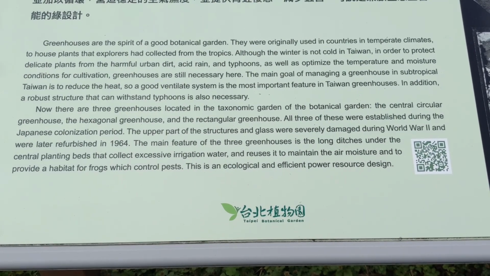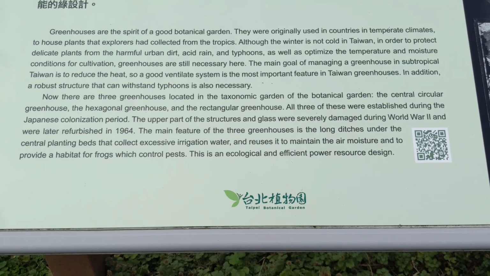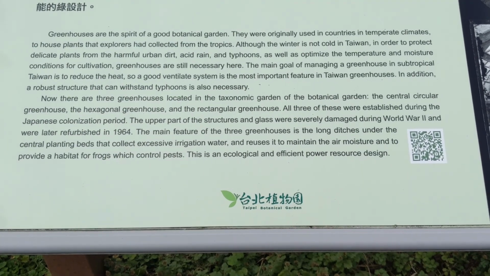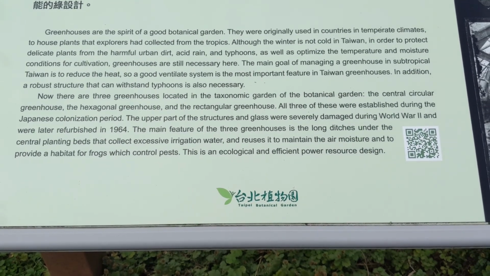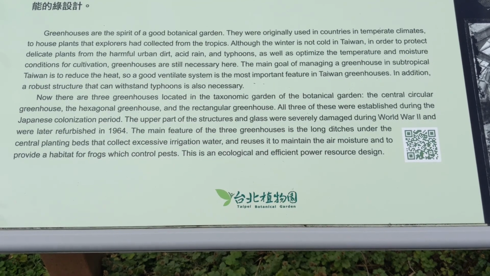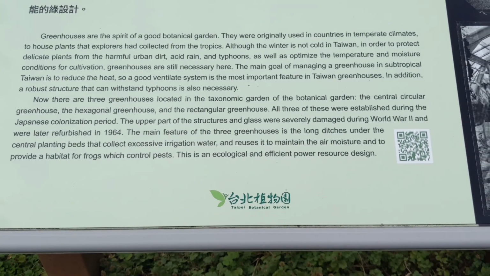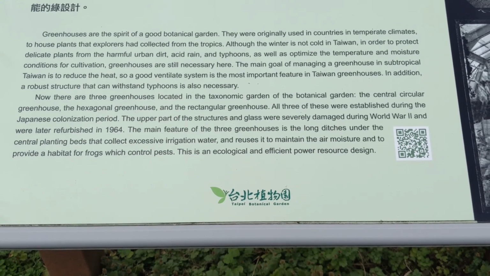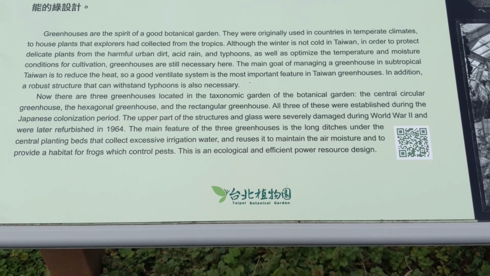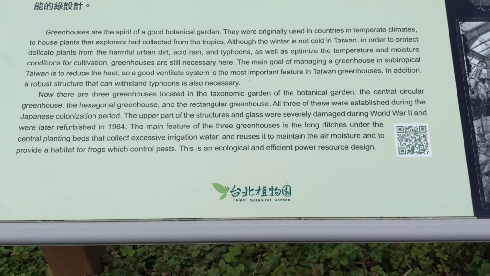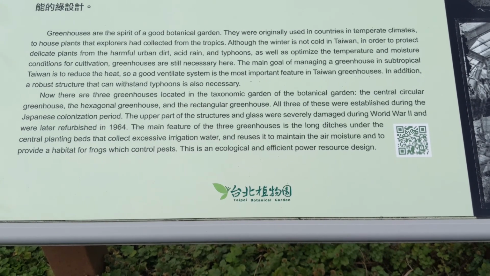Now there are 3 greenhouses located in the taxonomic garden of the Botanical Garden. The center circular greenhouse, the hexagonal greenhouse, and the rectangular greenhouse. All 3 of these were established during the Japanese colonization period. The upper part of the structures and glass were severely damaged during World War II and were later refurbished in 1964.